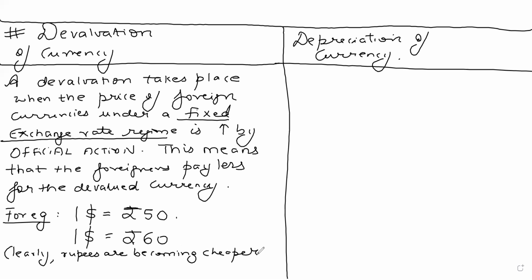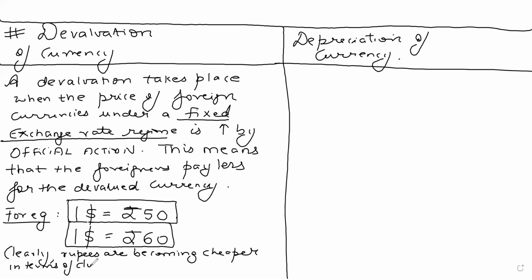Because the foreigners initially were spending $1 and getting 50 rupees' worth of goods. Now they are spending the same $1, but they are getting 60 rupees' worth of goods. That means with the same $1 in their pocket, they can now buy more goods in our country. That simply means that rupees are becoming cheaper in terms of dollars.